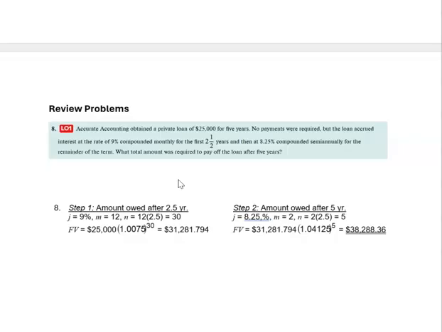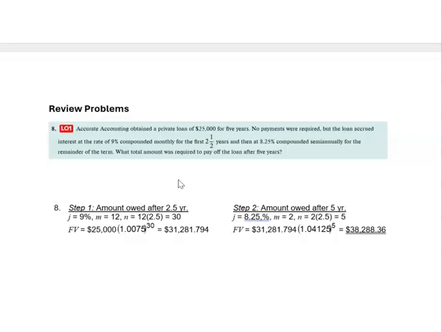We've got our future value equals 25,000, which is our present value, times 1.0075 as our periodic interest rate. We get this by taking J, our 9%, divided by M, the number of compounding periods in a year, and that gives us 0.75% as our periodic.